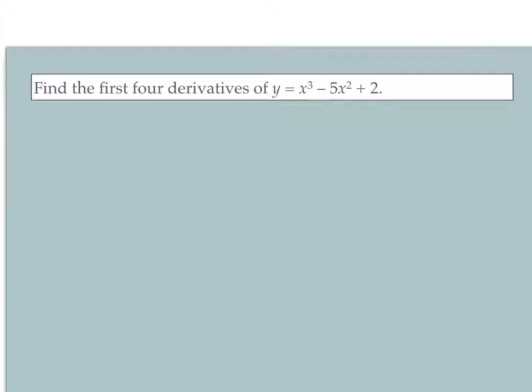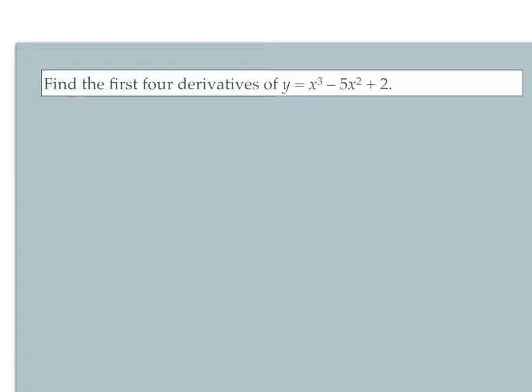Okay, like for here, if you just have a polynomial, they actually get easier and easier. So if I'm taking the first 4 derivatives, that means if I'm finding y prime here of this function, y prime is going to be 3x squared minus 10x, and the 2's gone. So y prime is simpler than y, right? Like when you're dealing with just polynomials, that's how this works. They get kind of simpler and simpler.